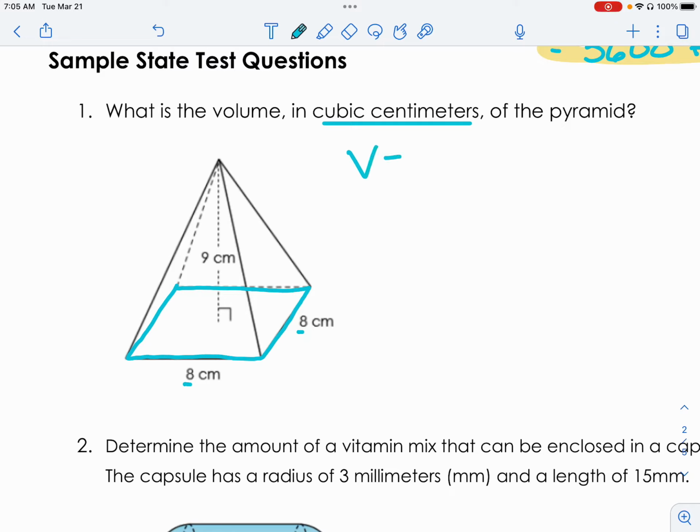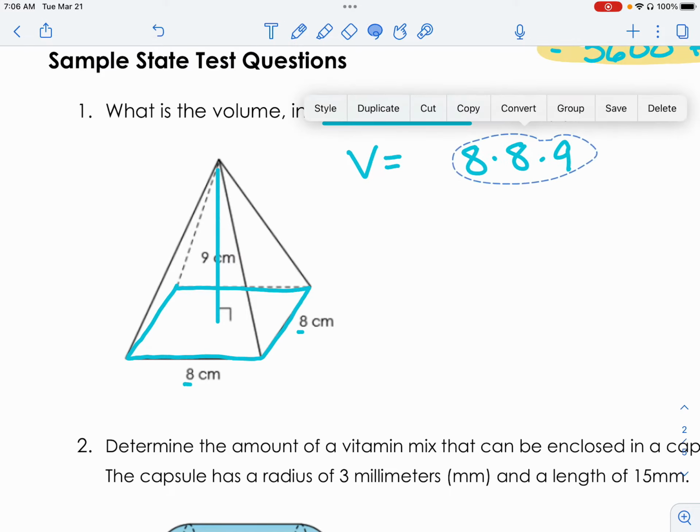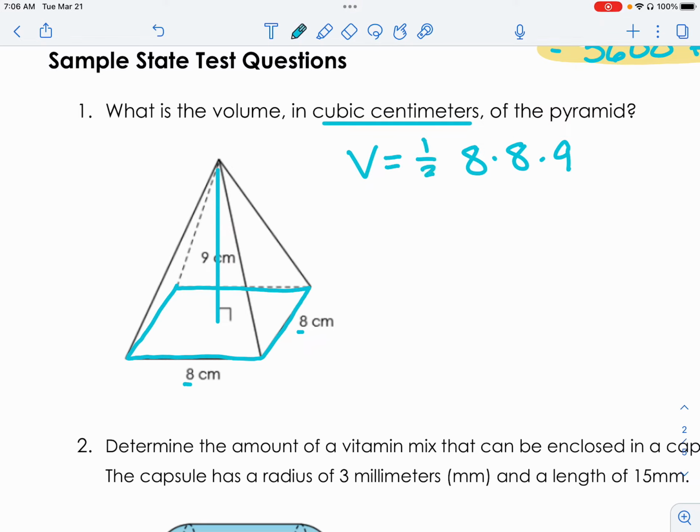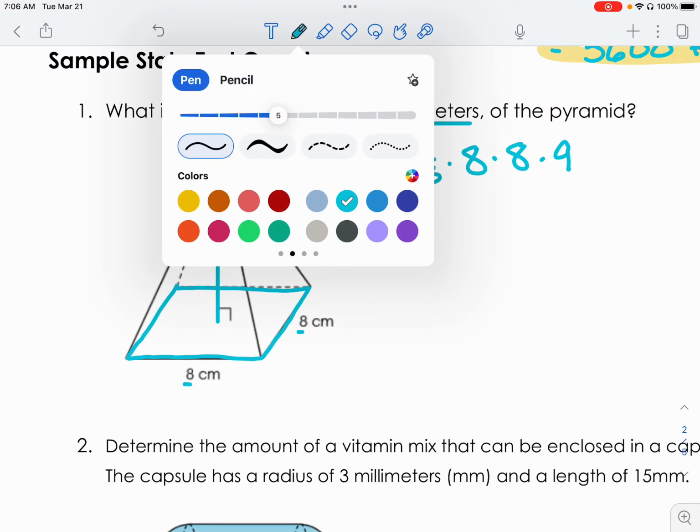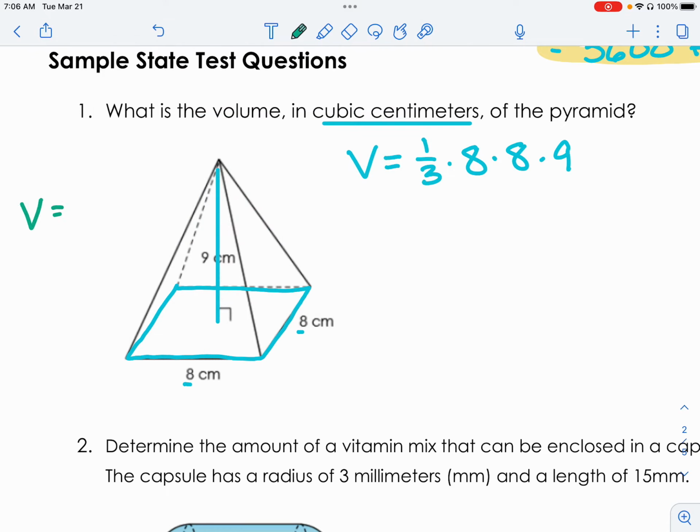So the area of big B would be 8 times 8, and then my height is given to us, which is 9, and we cannot forget that the formula says, well, we have to multiply everything by 1/3. So over here to the left, I'm going to write the formula for a pyramid, and then we just plugged in our appropriate numbers.